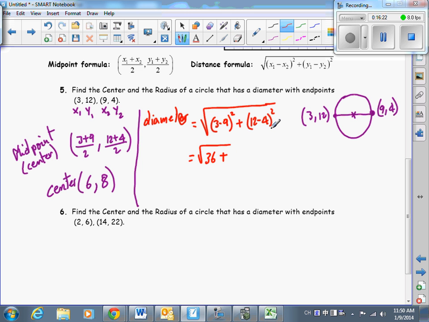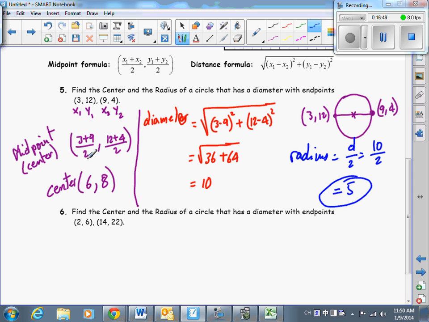Very good. 12 minus 4 is 8. 8 squared is 64. 36 plus 64 is 100. Square root of 100 is 10. 10 is the diameter. Therefore, what is the radius? Radius is equal to diameter over 2, 10 over 2, which is 5. So this is important information. Radius is 5.